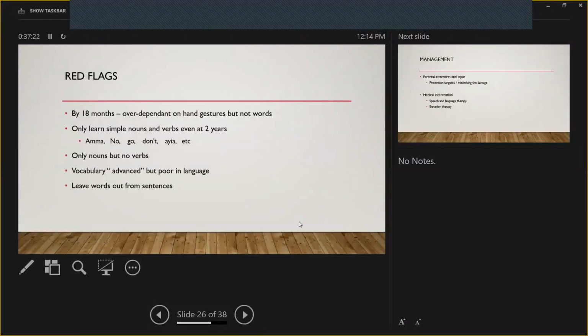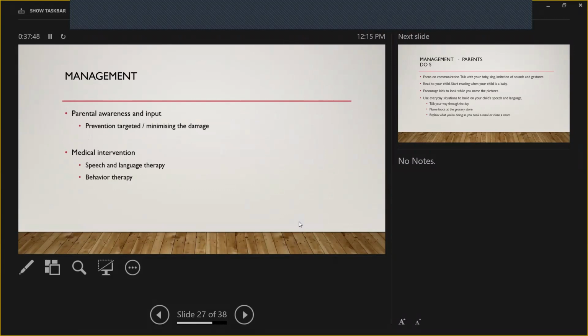So he knows amma, ayya, epa, antarasdahan. So if you just concentrate on antarasdahan, yes, very good advanced word, but only 4 words. So if you have an advanced word but poor language, red flag sign. And some children leave words out of sentences, right? If the child is repeatedly leaving certain words out, that's a red flag sign.